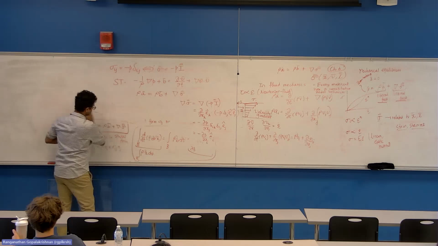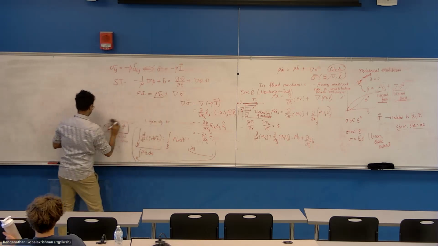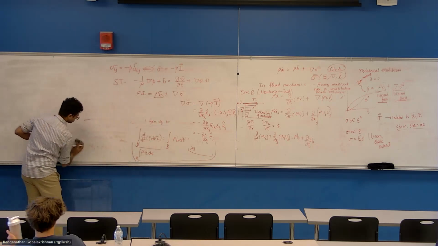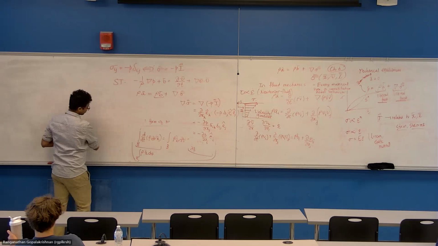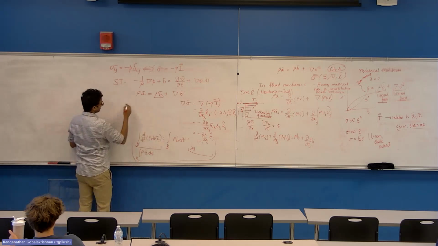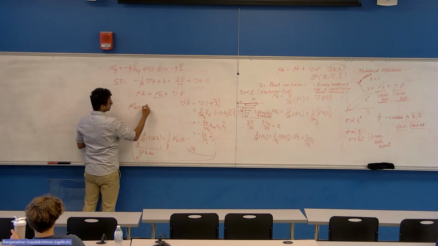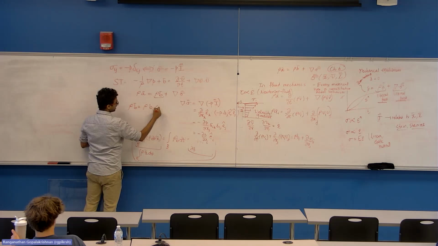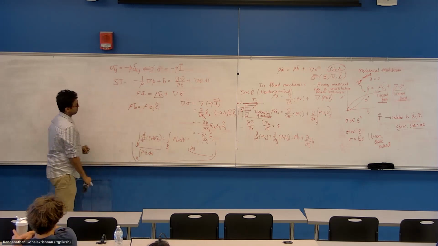What about the second term? That is this term. Rho times b, you can just write this as rho times bi ei cap.